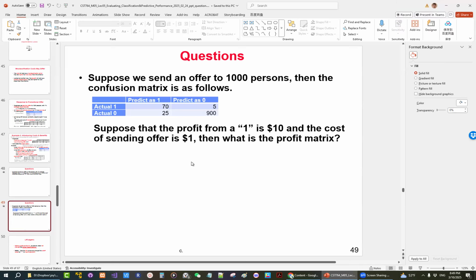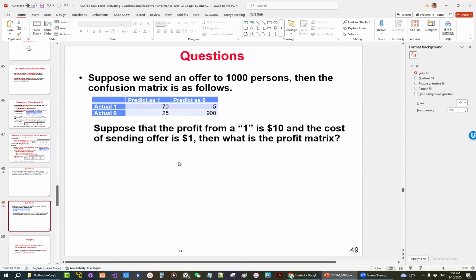So the profit from a 1 is 10. Let me see, 700. The cost for one offer is... is the profit 675? Wait a minute, 700, 10. 675.